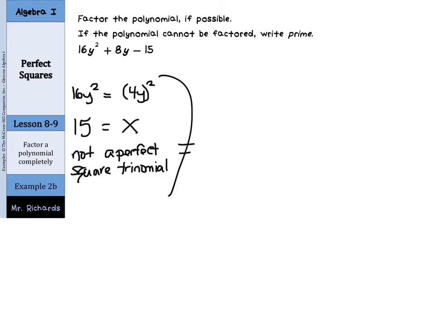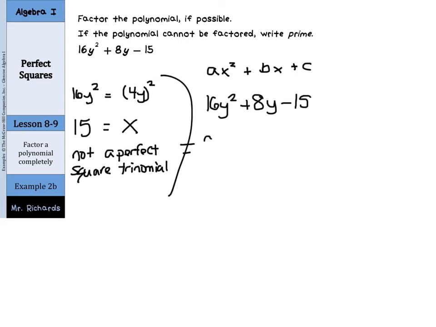Now this is in the form of ax squared plus bx plus c. So if I look at my 16y squared plus 8y minus 15, my a is 16, my b is 8, and my c is negative 15.